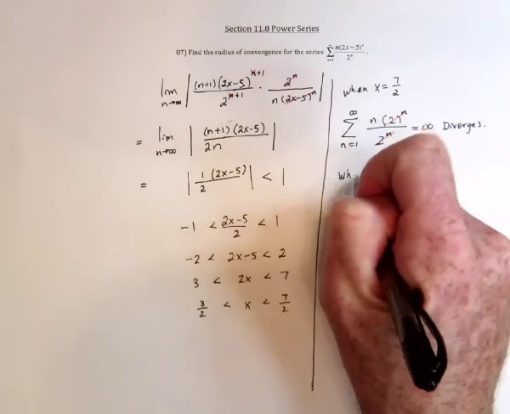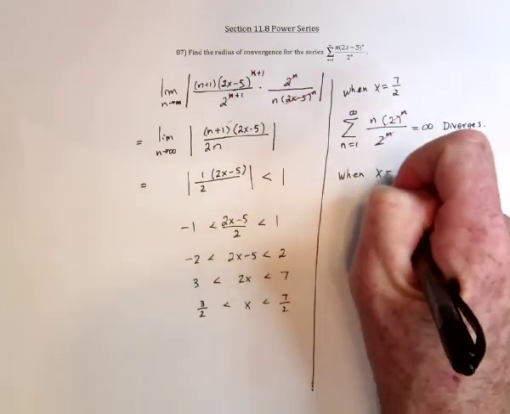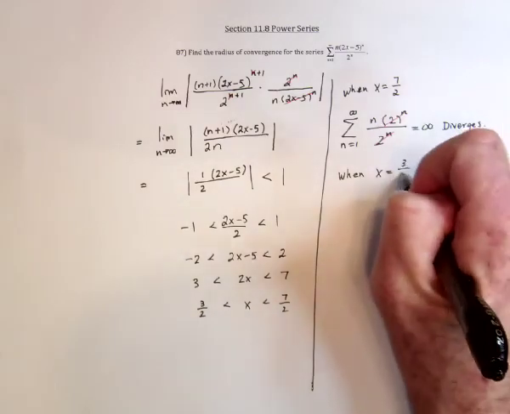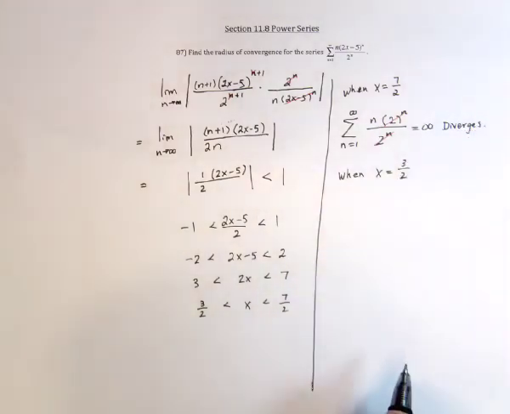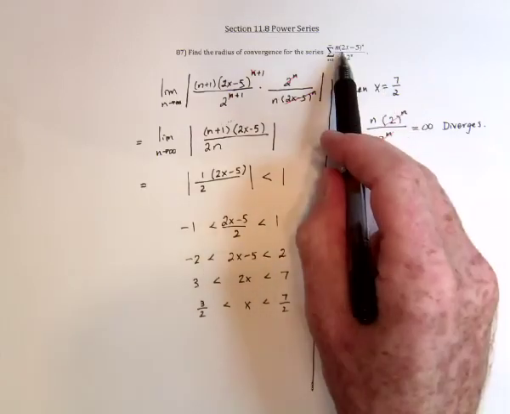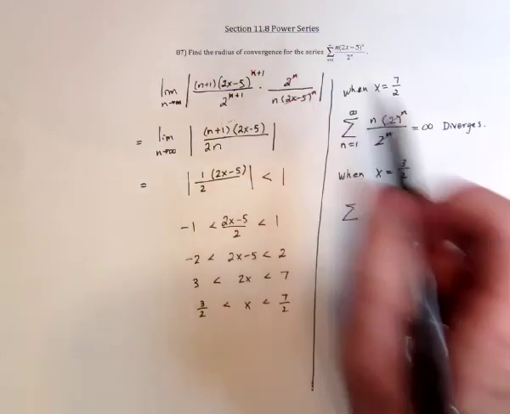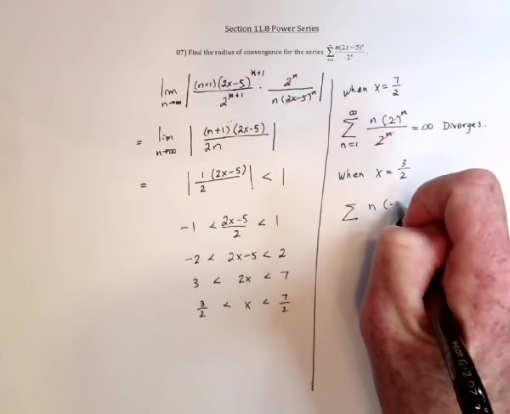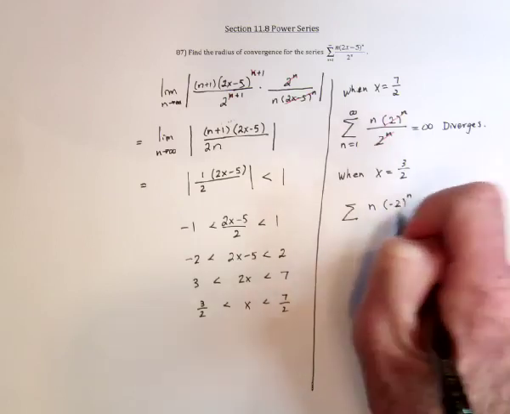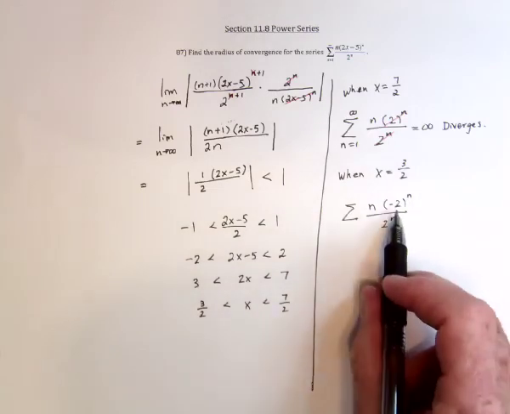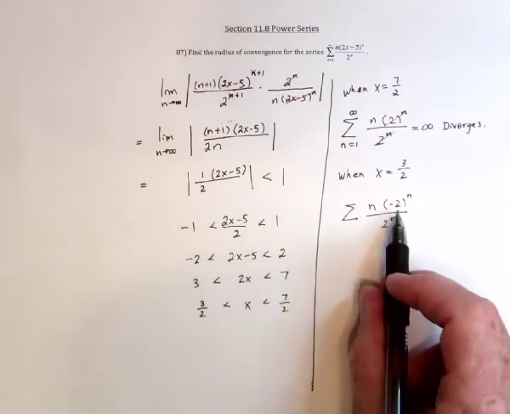When x is equal to the other side, 3/2, then we would have the same type of deal, except when you substitute 3/2, it's going to be 3 minus 5 is a -2. So that's negative 2 to the n over 2 to the n. So this means it's going to alternate positive, negative, positive, negative.